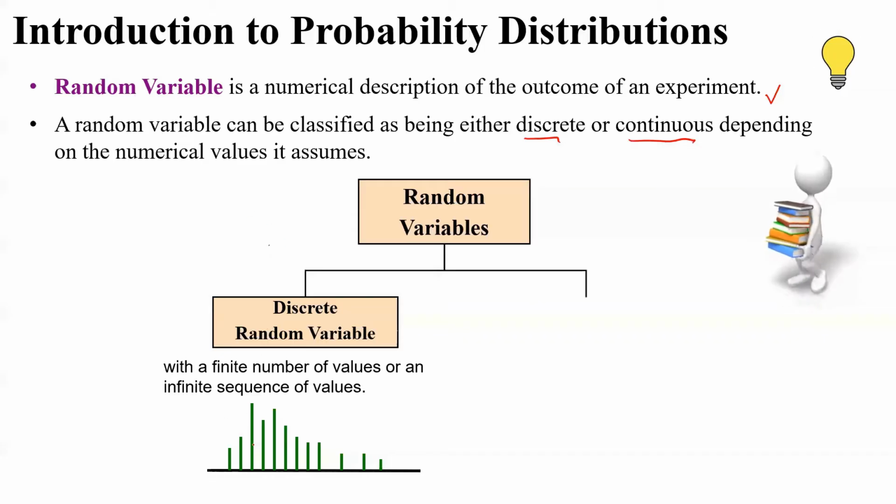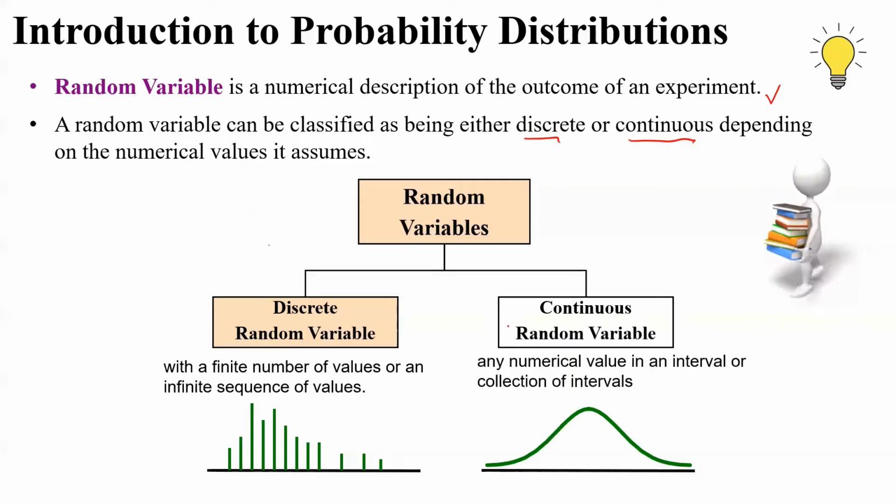For the continuous random variable, usually it will be a numerical value in the form of an interval, also called a collection of intervals, and it can be represented in the form of a curve. You can see that the discrete is a bar chart, and the continuous random variable is in the form of a curve. That's how we can differentiate between these two types of random variables.